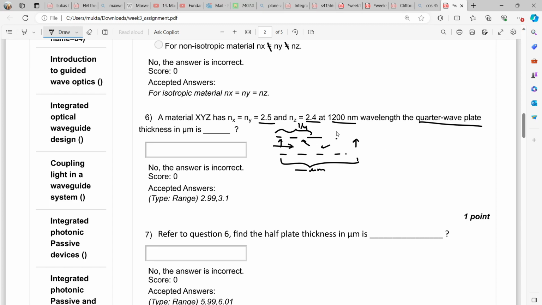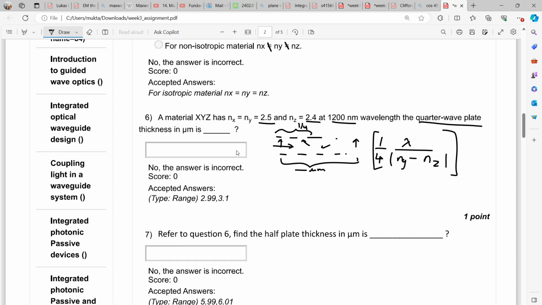So what is this length? This length is nothing but lambda over ny minus nz, like we can say ny or nx, both are the same only. So this is the period. So for a quarter wave plate, we take 1/4 of the period.